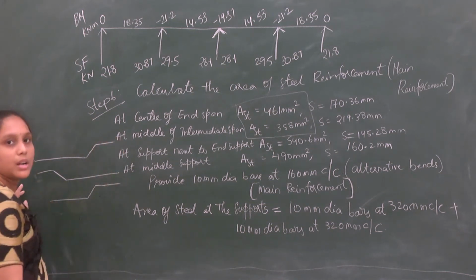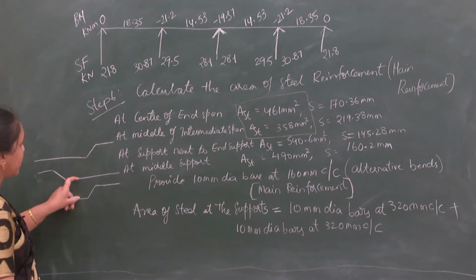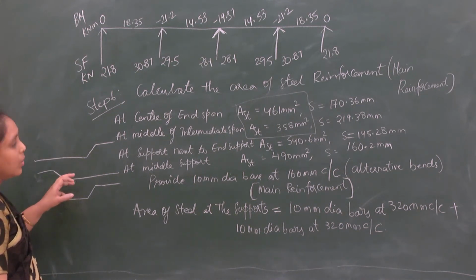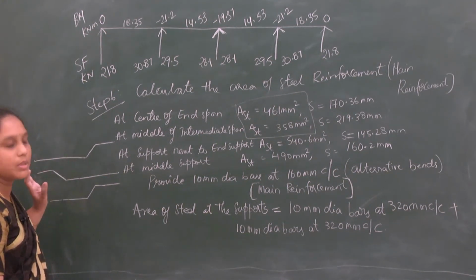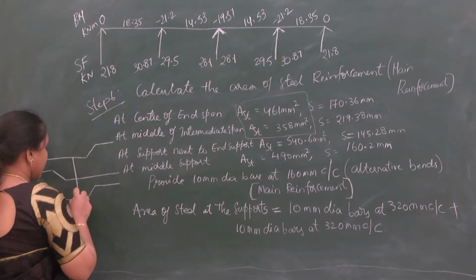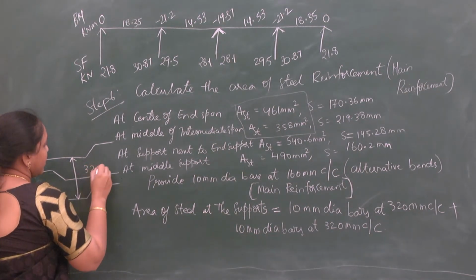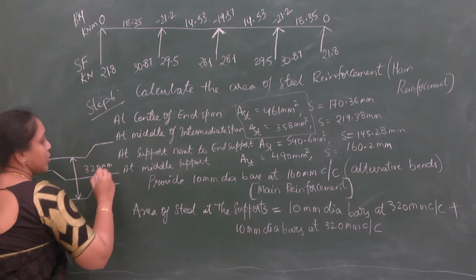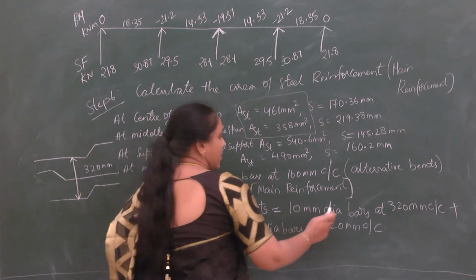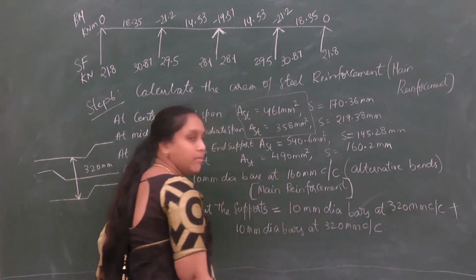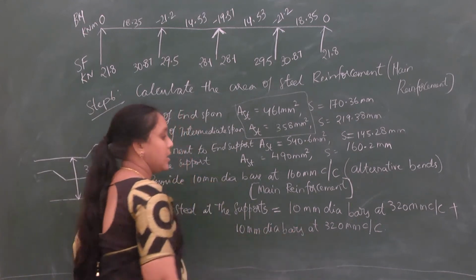The spacing between these two bars will be 160 mm center to center, and between these two will be 160 mm center to center. Now here it is mentioned that between these two bars the distance will be 320 mm. For that reason the area of steel at the support is provided as 10 mm dia bars at 320 mm center to center, and 10 mm dia bars at 320 mm center to center.